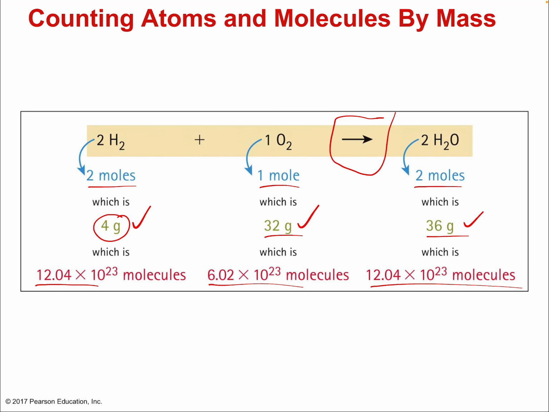If you have 2 of them, 18 plus 18, you've got yourself 36. That 18 comes from the 16 for the oxygen plus the 2 for the 2 hydrogens, because each hydrogen has an atomic mass of just 1 AMU, because it's just a single proton. Every nucleon has a weight of 1 atomic mass unit.